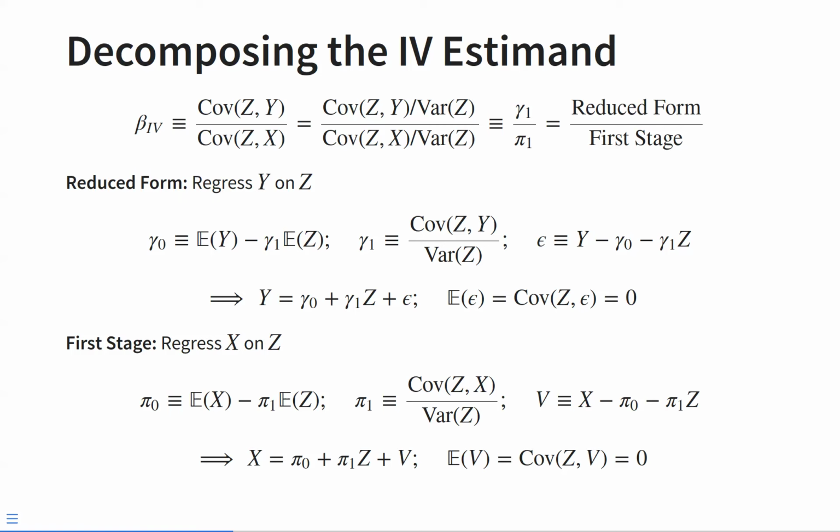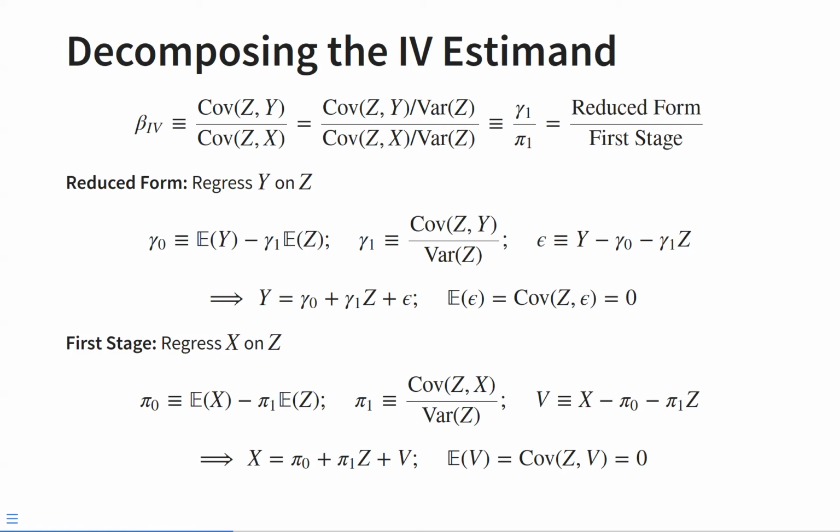Epsilon is not something that exists out there in reality. Epsilon is kind of an artifact of a particular model that I wrote down, a particular way I've defined gamma naught and gamma 1. And the way that I'm using my notation on the slide is intended to make that clear. So I write epsilon is defined as y minus gamma naught minus gamma 1z, where gamma naught is defined as follows, and gamma 1 is defined as follows in terms of functions of the data: covariances, variances, and means.